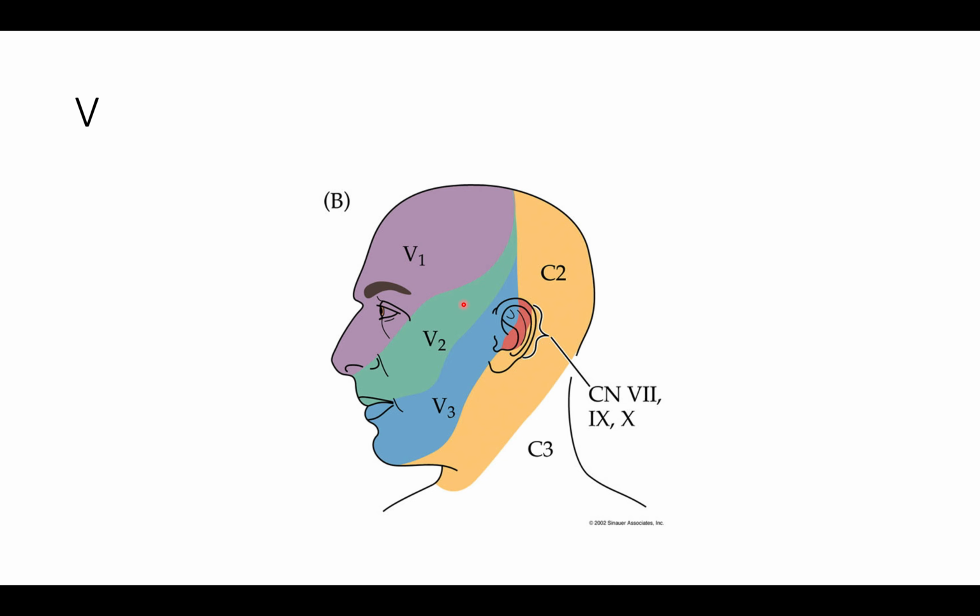This is V3, which is the mandibular branch, and then the V2 and the V1, right? Sorry, I forgot its names, but I will revise it. And in the hearing, there's the cranial nerve number 8, and sometimes 9 and 10.